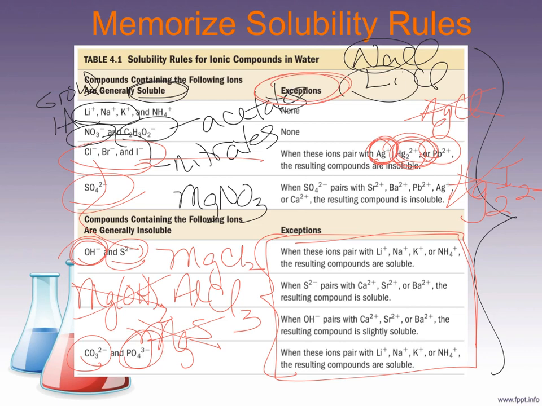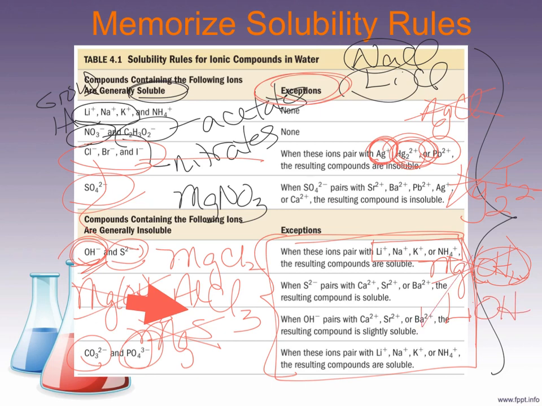So, magnesium hydroxide is not soluble because it has a hydroxide in it. If the cation is something from group 1A, so let's say lithium hydroxide, it is soluble. Okay, so just go through, make sure you interpret this chart. I would either print it out or write it on a note card and start committing it to memory.